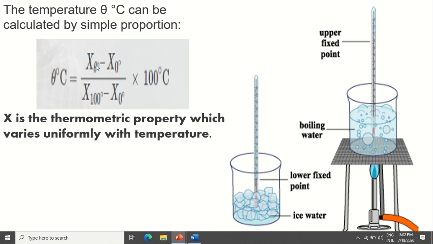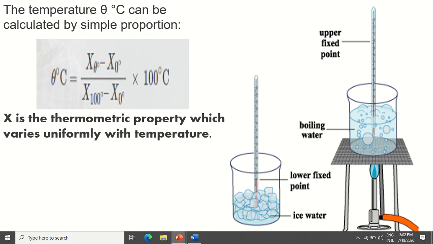So here X means thermometric property. So X theta means thermometric property at theta degree Celsius, and we have to determine that temperature, that means theta degree Celsius. So X theta minus X 0 degree, here thermometric property at 0 degree Celsius.